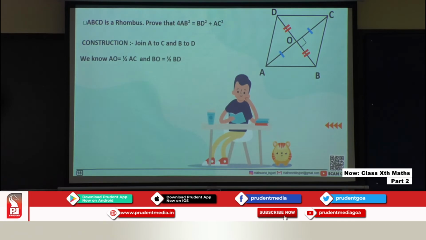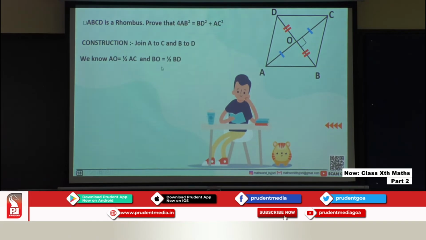Now we know that AO is half of AC. So AO is equal to OC, which means AO is half of the entire length of line AC. In the same way, I can write OB is half of the entire stretch of BD.